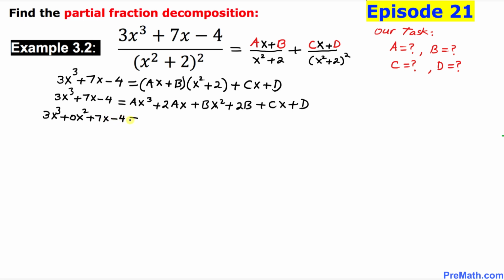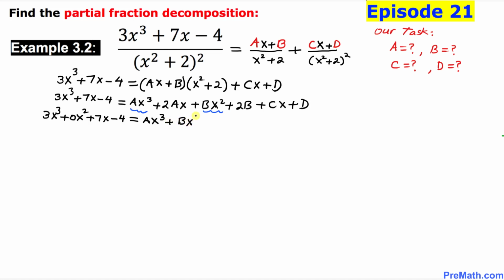And on the right hand side, we are going to rearrange them according to x power 3 and then 2 and onward. So I'm going to write down ax power 3 first, then I am going to write down bx squared.